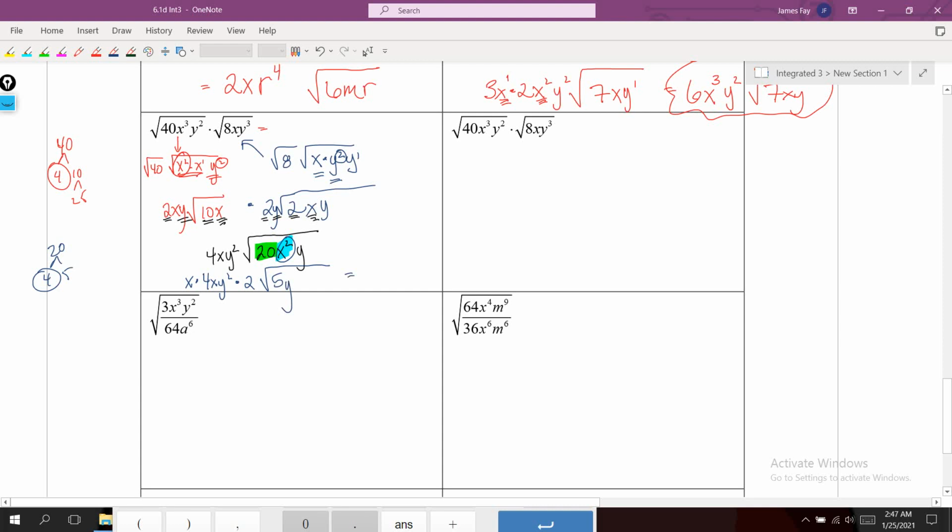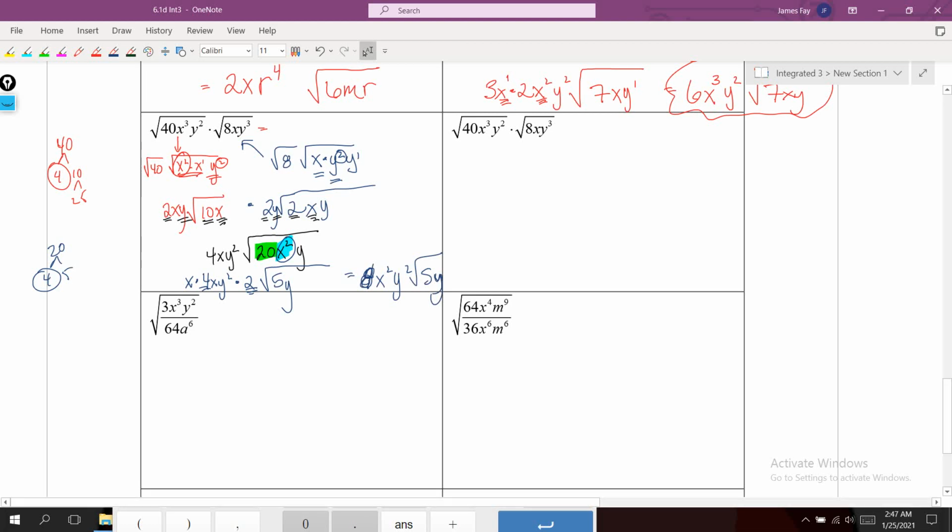So now, multiplying like terms, we've got x times x on the outside here. So it's going to be 4x squared, y squared, times the 2 that's out here. So that 4 and that 2 are actually going to make this coefficient an 8. And they got 5y underneath.